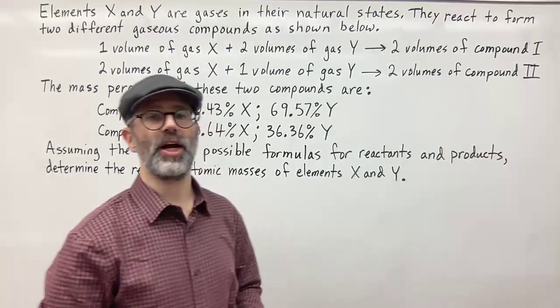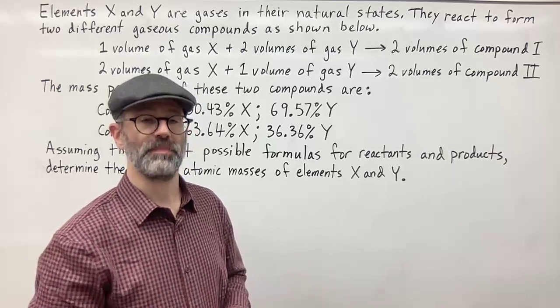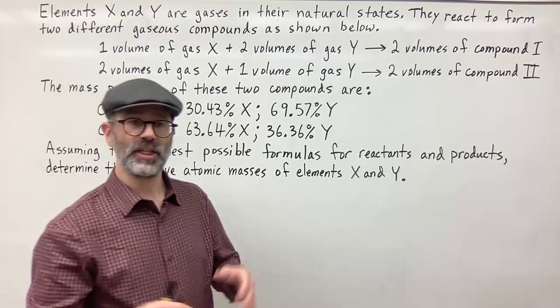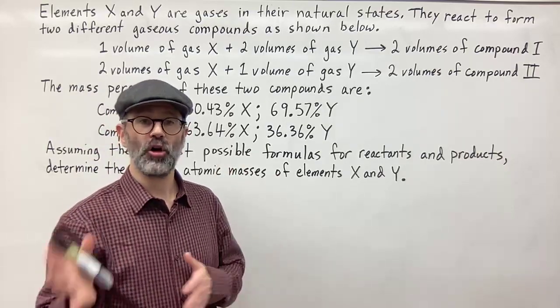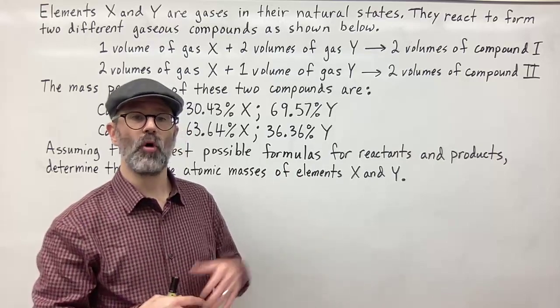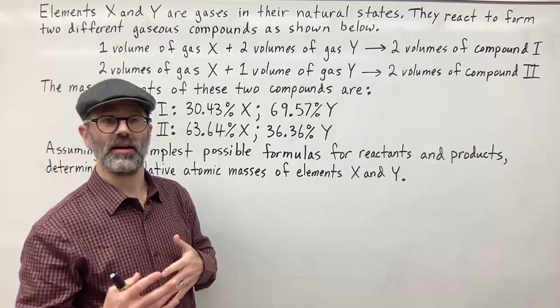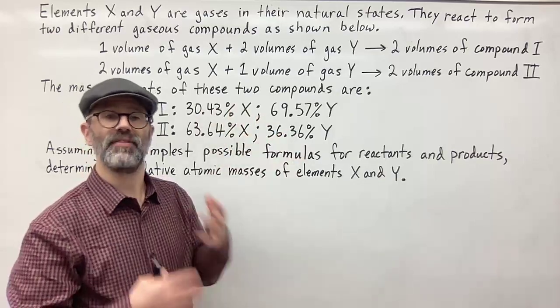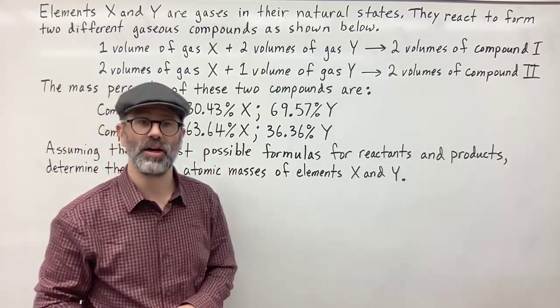So we're going to assume here that all gas is under the same pressure and temperature. Under those conditions of constant pressure and constant temperature, volume and moles are proportional to each other. And therefore, when we're talking about volumes of gas, we can think of that in the same way we would moles. You'll see that work out in a moment.